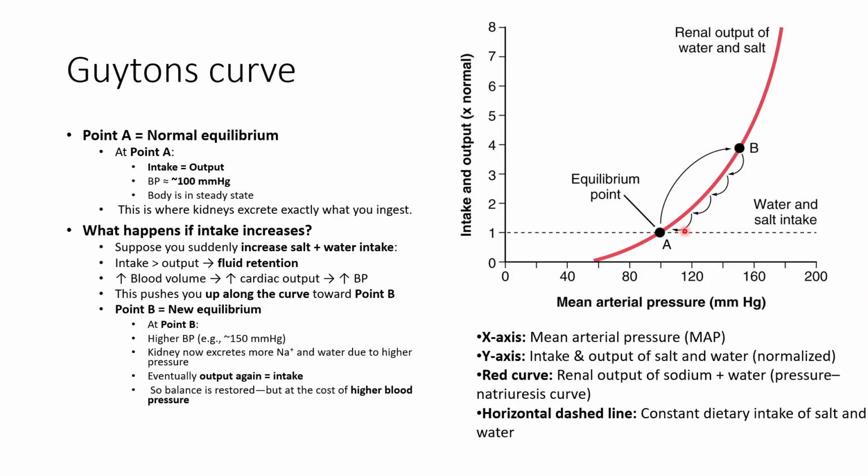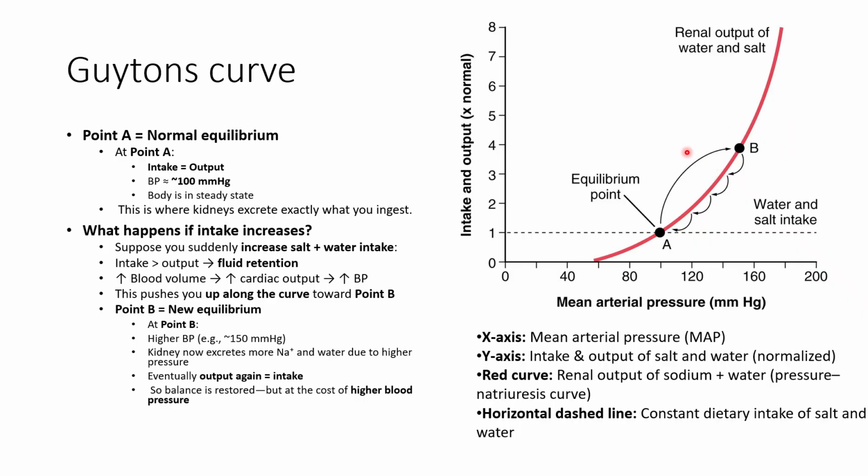So in a normal subject, the equilibrium is at 100, but in a chronically hypertensive patient, the equilibrium point shifts to a higher BP, around 150. And it is at this blood pressure where the body is in a steady state. However, this blood pressure will continue to cause pathological damage to your body. Even though the balance is restored by compensatory mechanisms in the body, the patient becomes hypertensive.